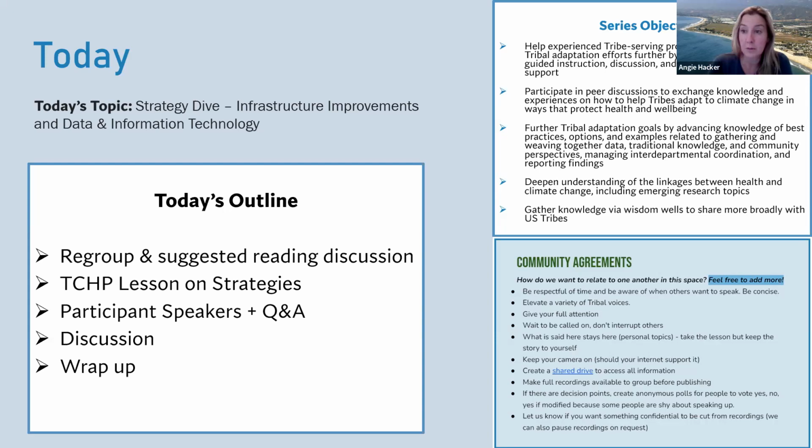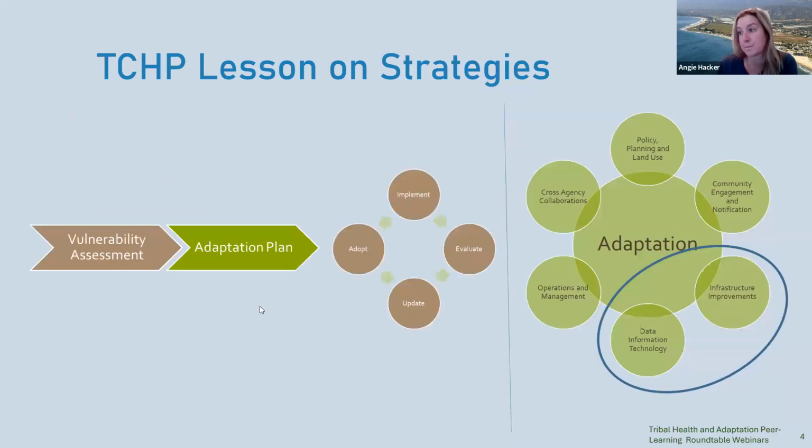And so he's going to talk about a project that's happening down in Southern California at the Rincon tribe. He'll join us in a little bit for that. And then we'll do what we always do, which is, we'll go into our mural, we'll have a discussion, we'll ask you some questions, and everybody gets to share more about what they know. That will turn into a wisdom well.